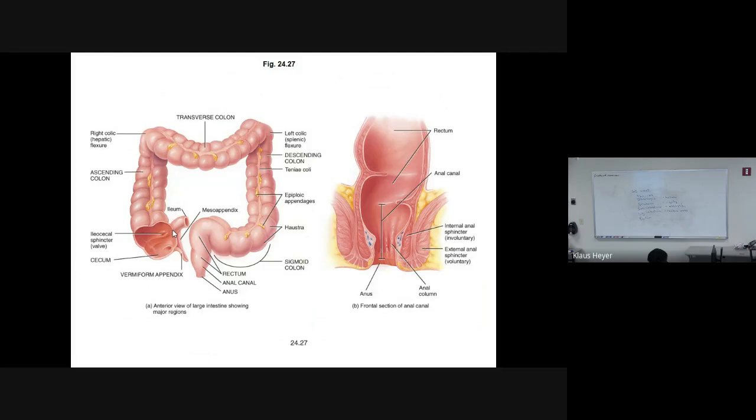The one between the stomach and the small intestine we call pyloric. And between the small intestine and large intestine, ileocecal. You can call it sphincter or you can call it valve. I like the word valve better.